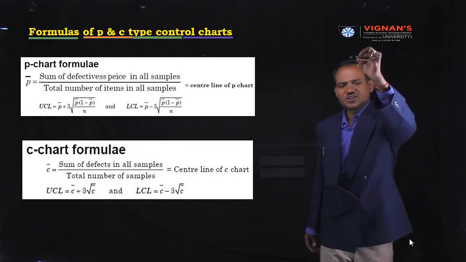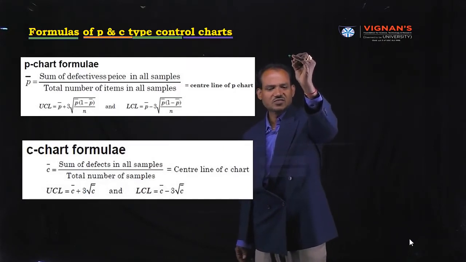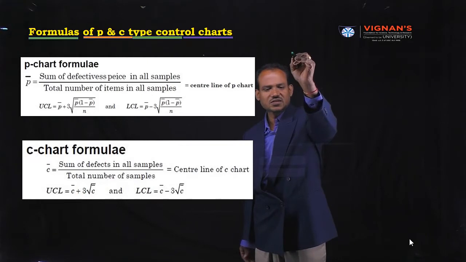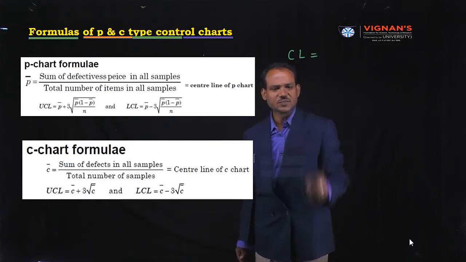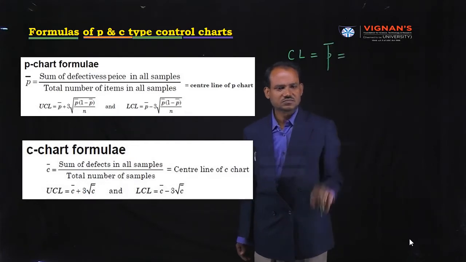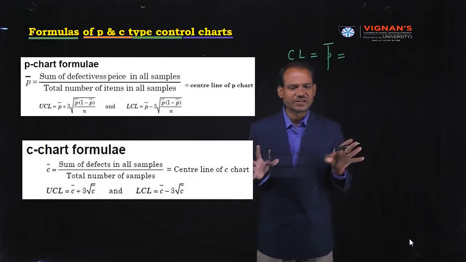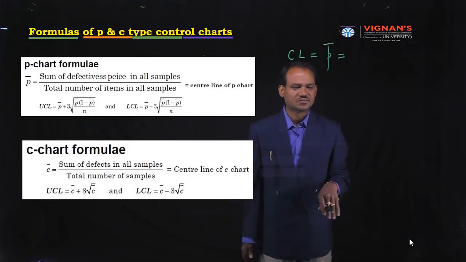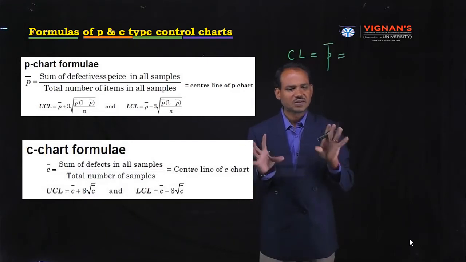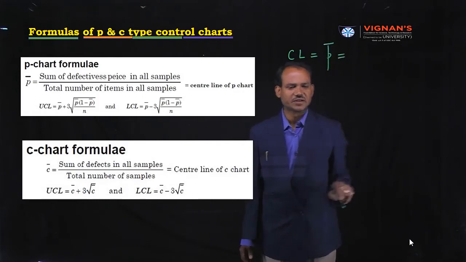In case of the P chart, there are three lines. One is the control limit, known as the center line. CL is equal to the control limit in the P chart, which is P bar. P means what? How much fraction of defectives exists. P bar means the fraction of defectives. Bar means mean.